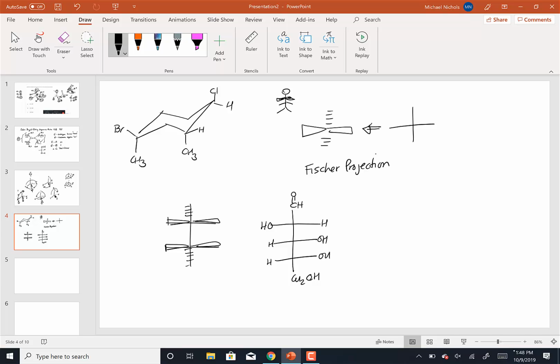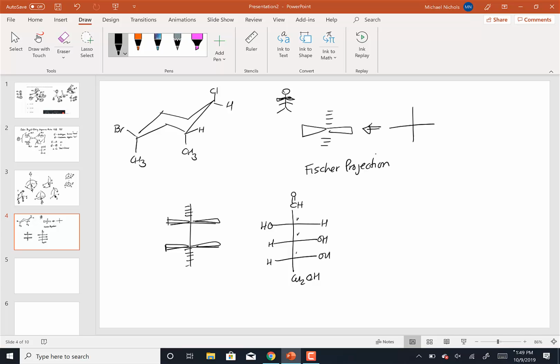So all the horizontal lines are bold, and there are 1, 2, 3 chiral centers in that sugar. And they are usually well defined so that each one has a specific configuration, R or S. And if that sugar does not have that exact configuration, that sugar will not do whatever it needs to do in metabolism.